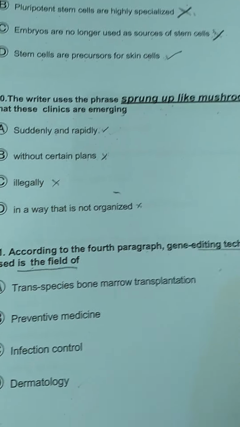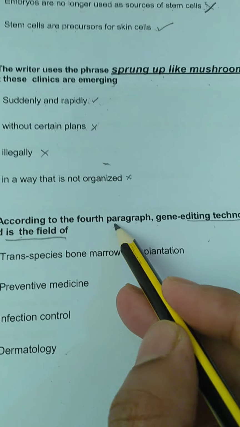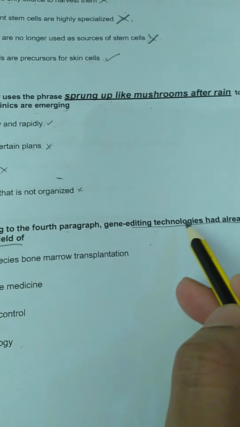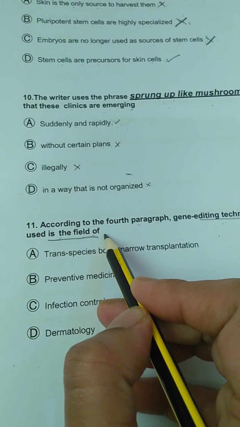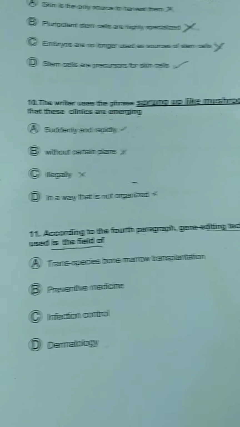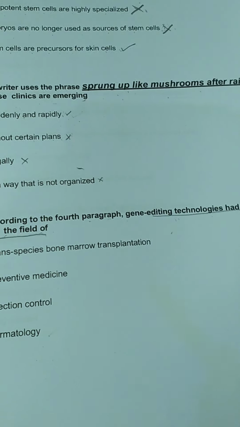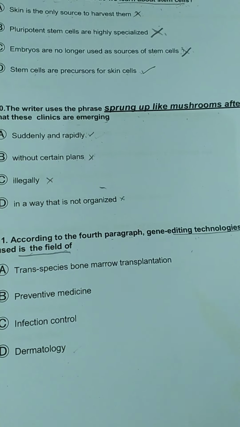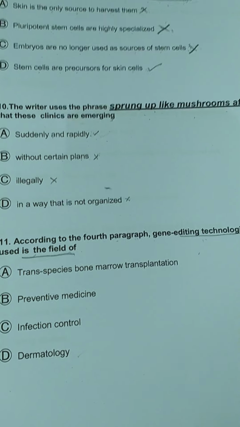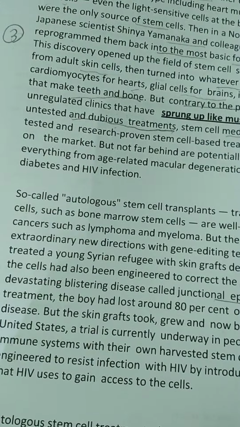Then the third one: according to the fourth paragraph, gene editing technologies had already been used in the field of, they are already used in some field, the gene editing technology. So we have to see in which field they have already used. So let's read the fourth paragraph.